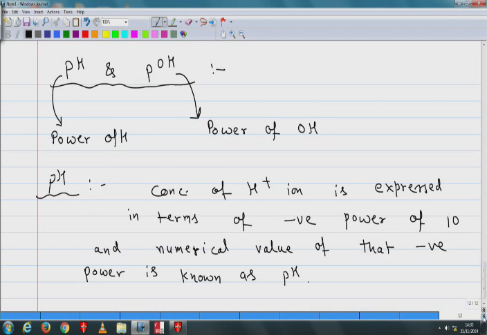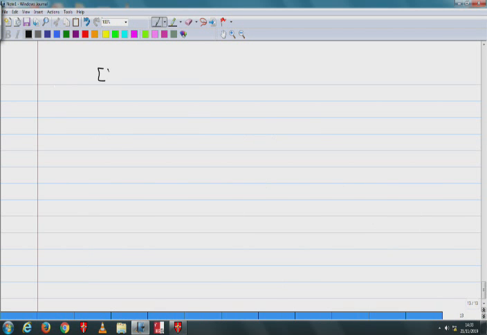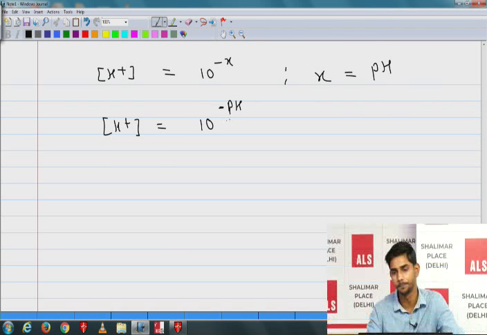Okay, let's check out that concentration of H plus can be written as 10 to the power minus x, where x is equal to pH. Some mathematical section is there, guys, so you just check this, and if it is not clear, you can ask me. Numerically H plus is equal to 10 to the power minus x, and that x is equivalent to the pH.